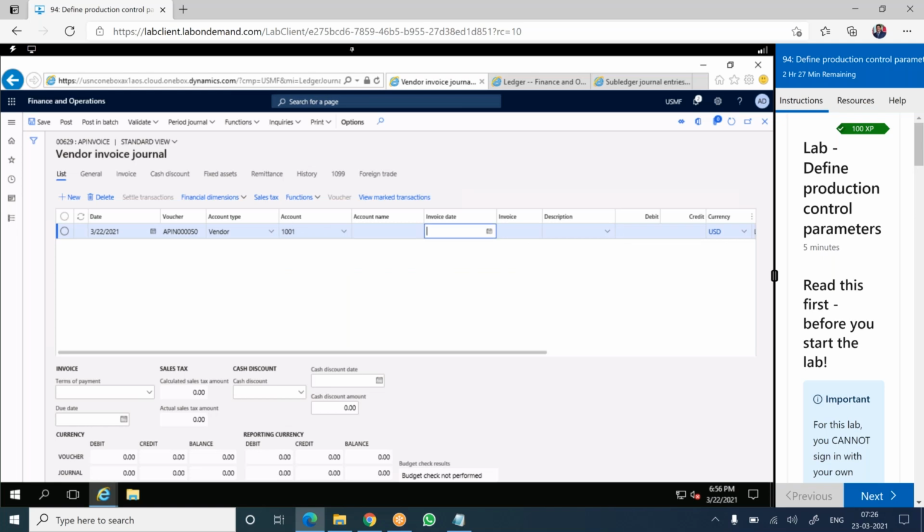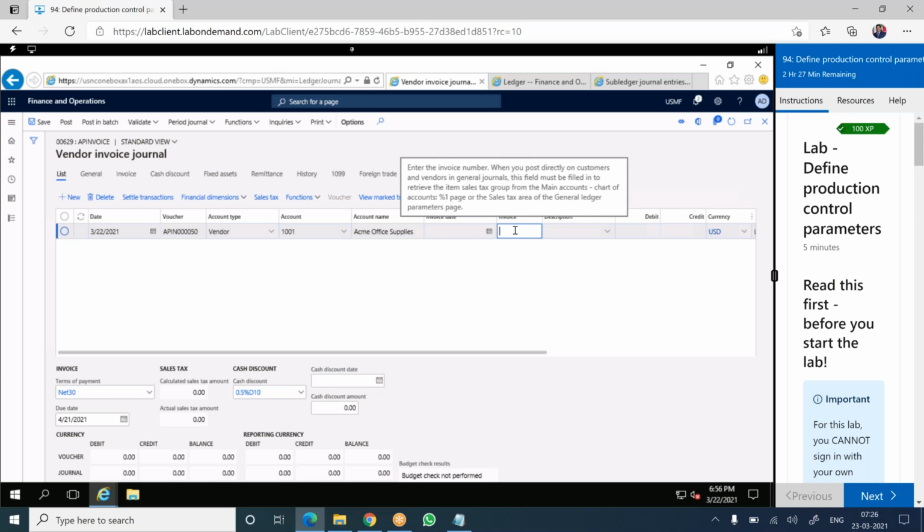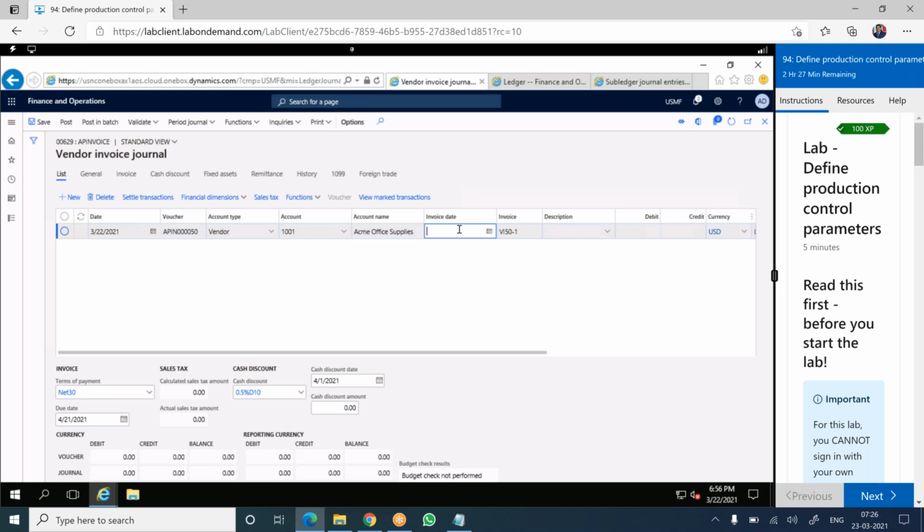Click tab, and here the invoice number, because you have received the invoice copy, that invoice number I need to enter. Invoice date, invoice number, and then click tab.